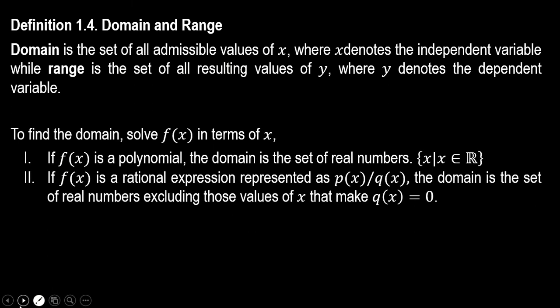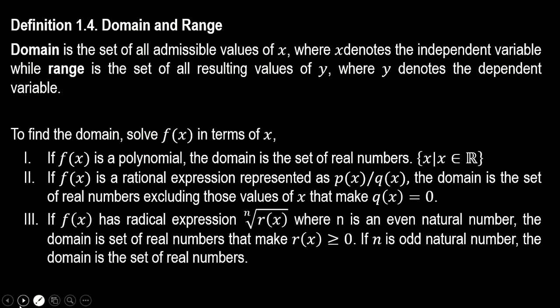If it is a rational expression, represented as the ratio of two functions, the domain is the set of all real numbers excluding those values of x that make the function in the denominator equal to zero. Again, the domain is the set of all real numbers except for those values that make the denominator equal to zero.